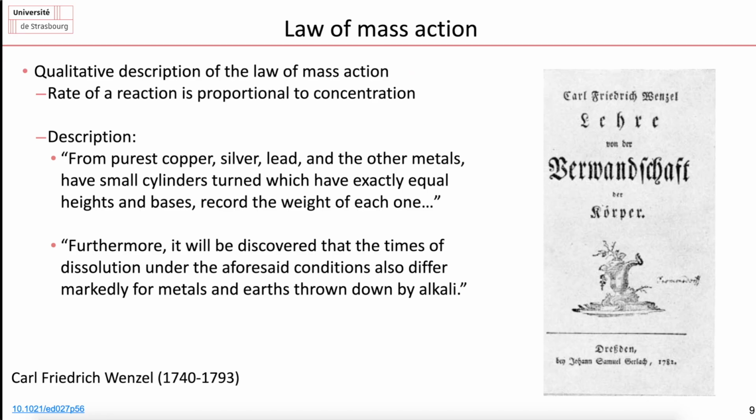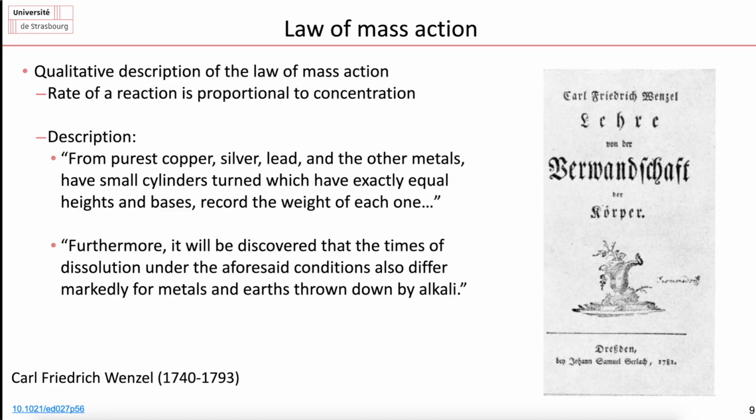And so these are some quotes from his original paper translated to English. What he was doing was making small cylinders from pure metals, from copper, silver, lead, to have exactly the same sizes, the same volume, and then he would measure the weight of each one.